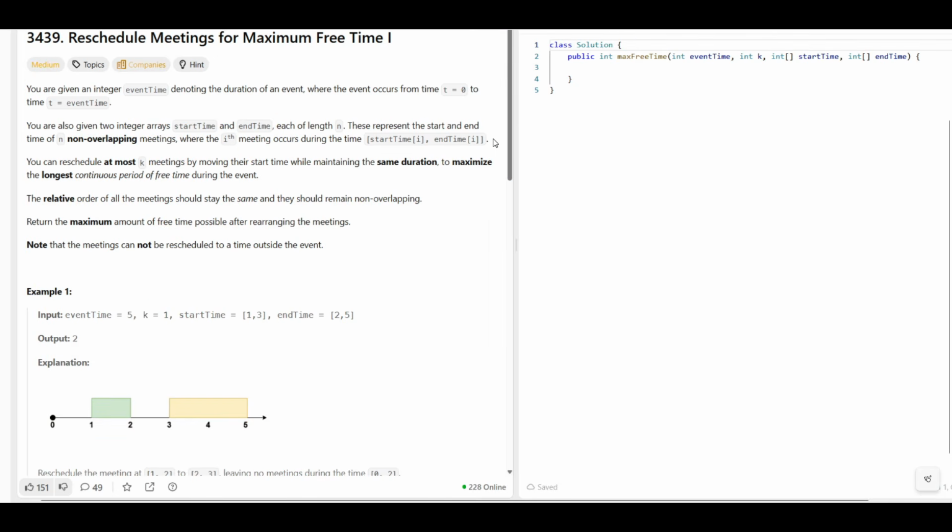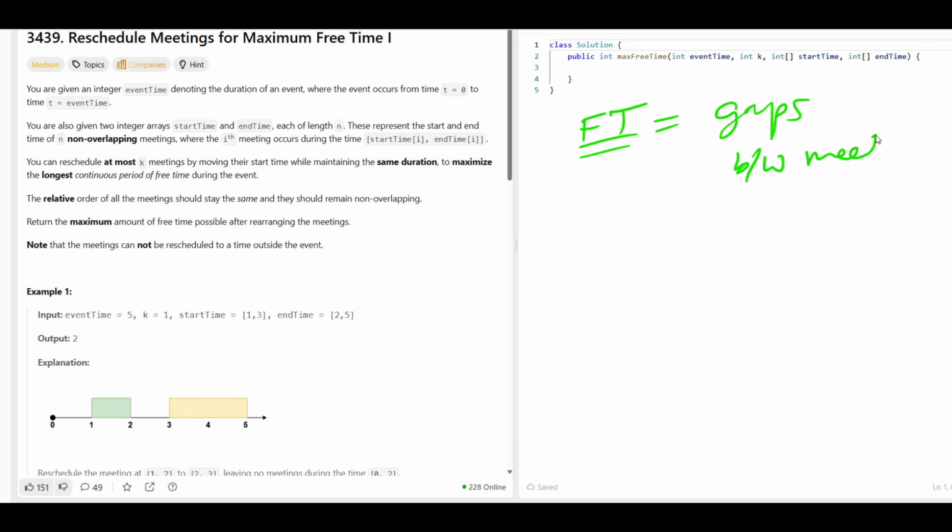So what is our intuition? Meetings take up space on the timeline. So if we talk about free time, free time is equal to what? Gaps between meetings.